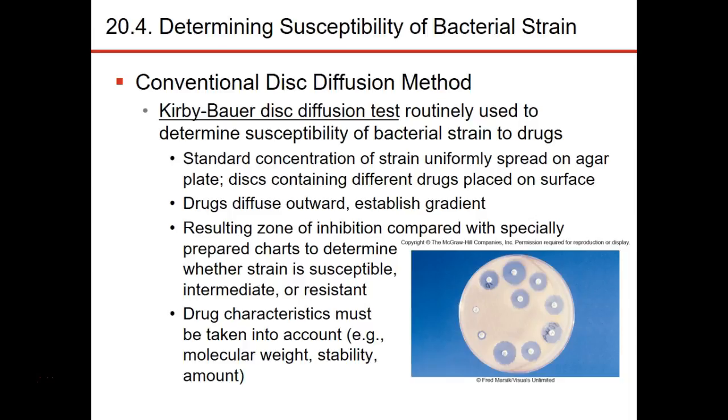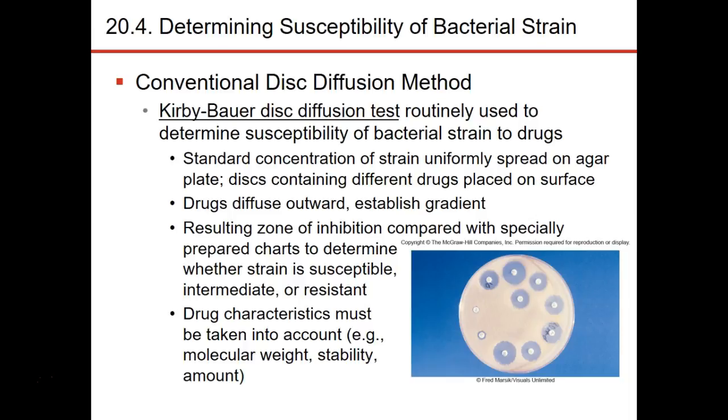The Kirby-Bauer disc diffusion test is a standardized test used to determine which chemicals are best used to inhibit or kill off growth, and which antibiotics are best used to kill off microbes.